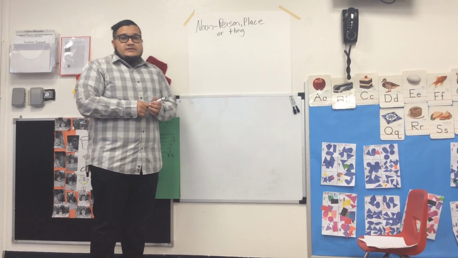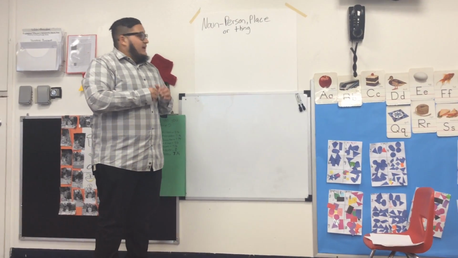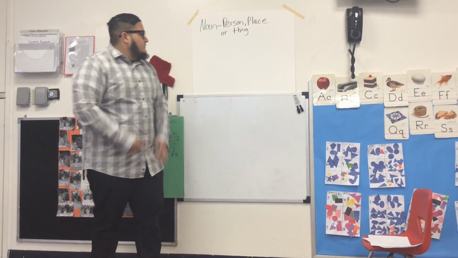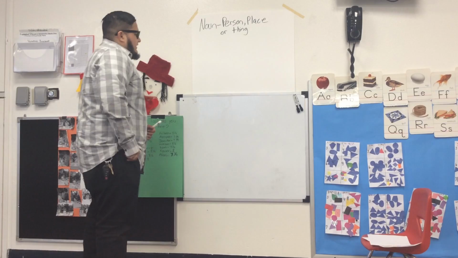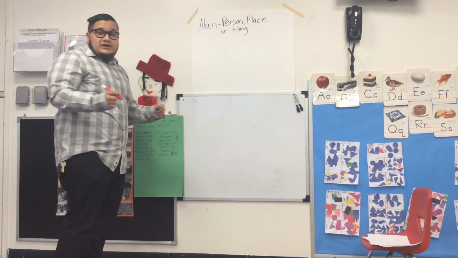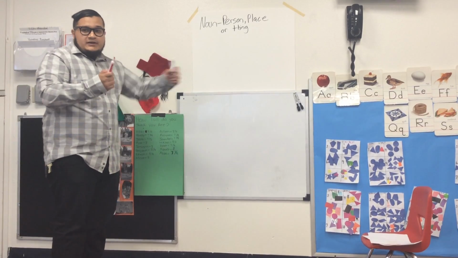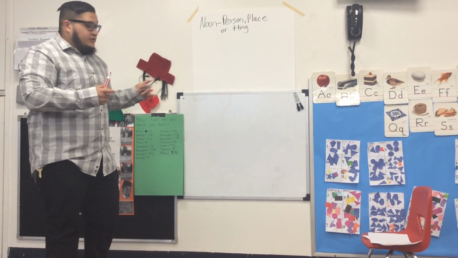So for this next exercise, we're going to categorize some of these things in a chart that I'm going to make. Let me get my marker out and make a quick chart. You don't have to copy this down. You're going to come up one by one, and I'm going to hand you pictures for you to categorize.